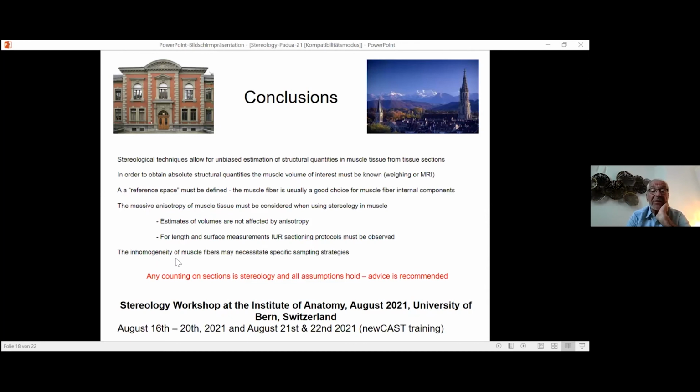The inhomogeneity of muscle fibers may necessitate specific sampling strategies, into which I don't want to go. Just remember that any counting on a section that you do is by definition stereology and all assumptions hold. So I would advise you to seek advice if you're not used to it.